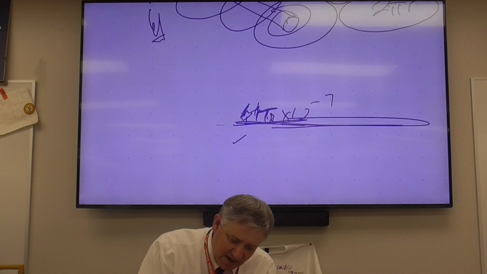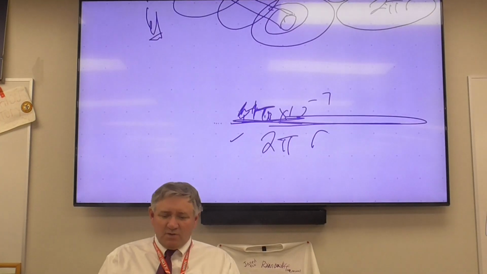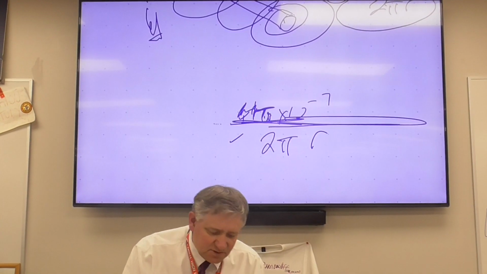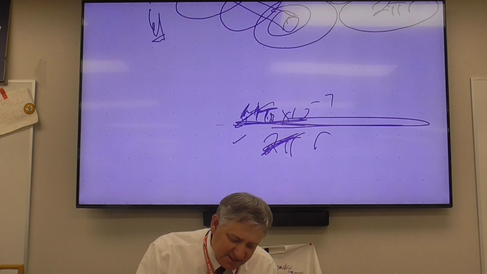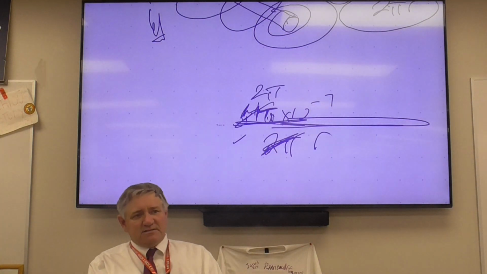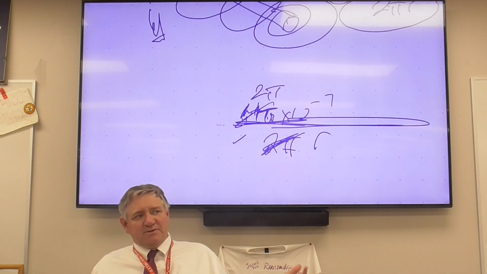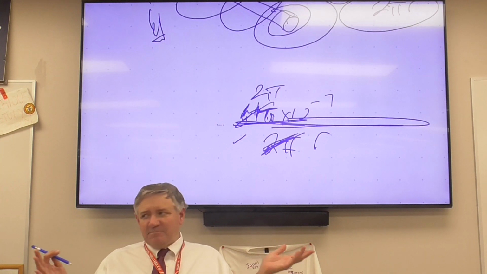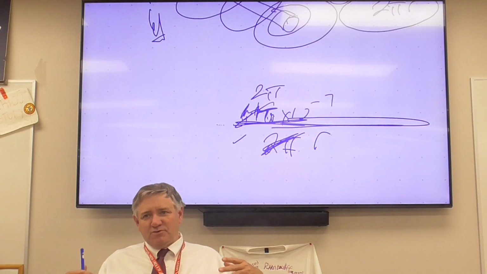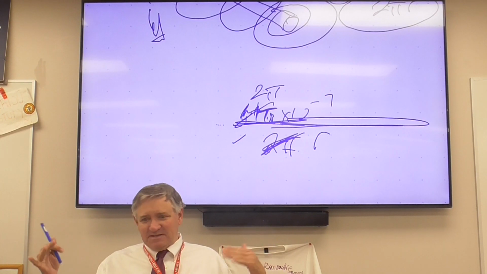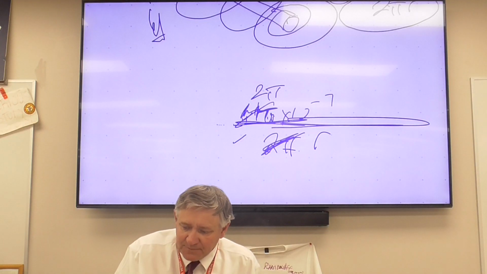So if you have 2 pi r, since that's 2 pi times 10 to the minus 7th, you could cancel that out and just make that 2 times 10 to the minus 7th. It saves you a step, so you don't have to multiply by 2 pi down below. If you're doing these calculations by hand, that's one less calculation you have to do.